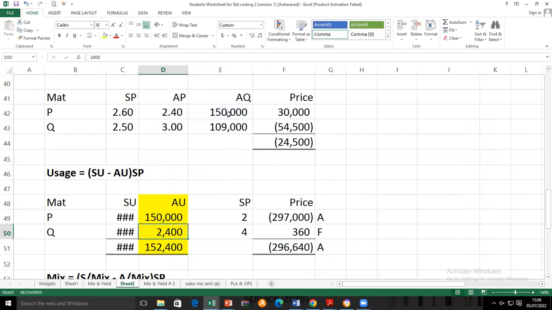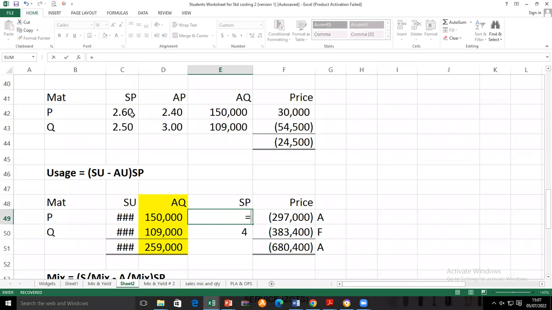The actual usage was here, what we called the actual quantity. The standard prices are here. That's the standard price there, and that's the standard price here.